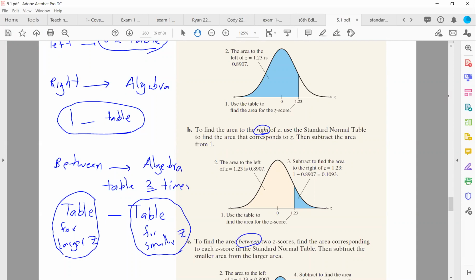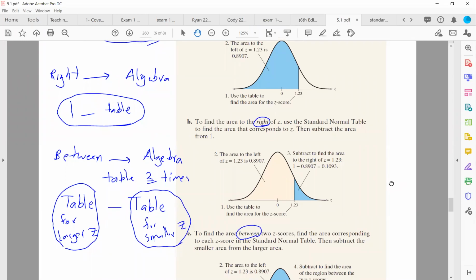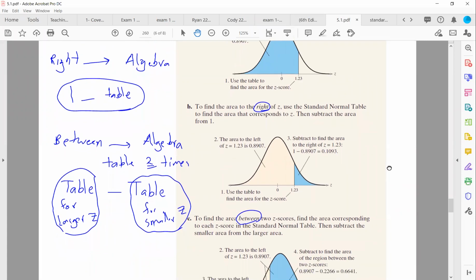Guys, you do not change any Z value here. Z values are all fixed. You only do algebra on the probability or the area.